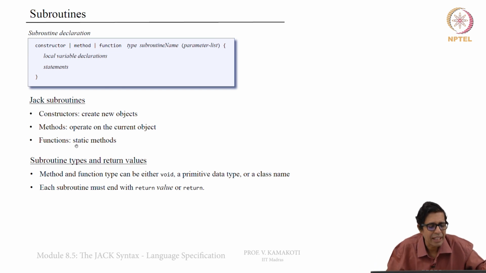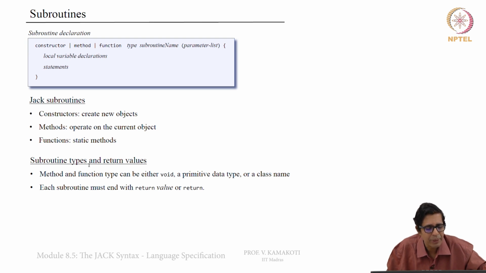So, the static method means that the function will take some value and compute a new value; it will not change the content of the different fields inside the class. That is why we call it a static method.